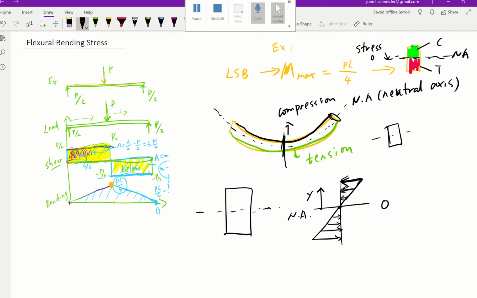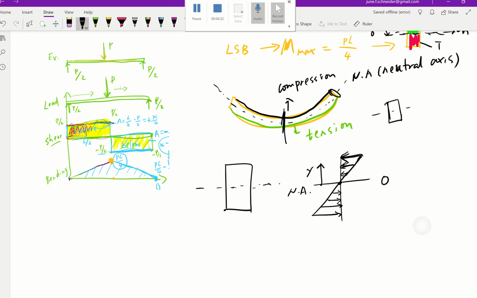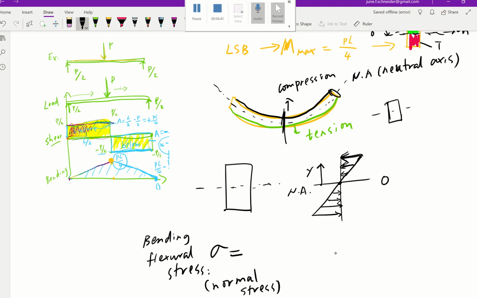That comes with this bending stress formula. So sigma, so it's the bending flexural stress. If we use sigma, which means it's going to be what? It's normal stress. You think about it, when you're being compressed, all this top part being compressed and the bottom one being tension, they are normal stress, right?